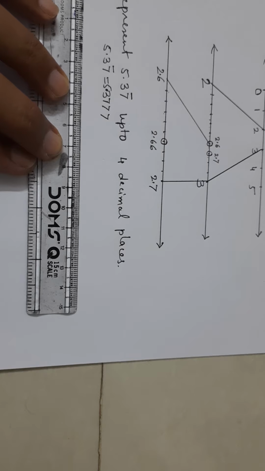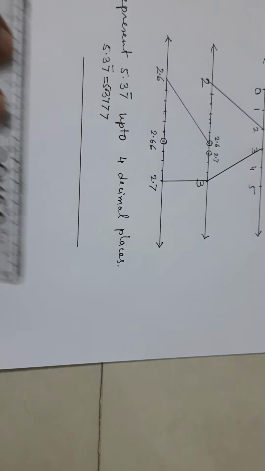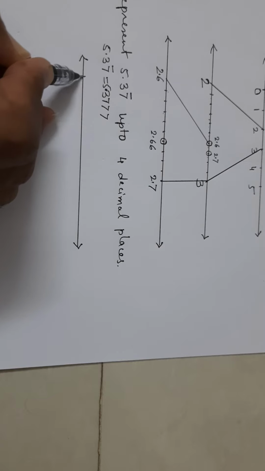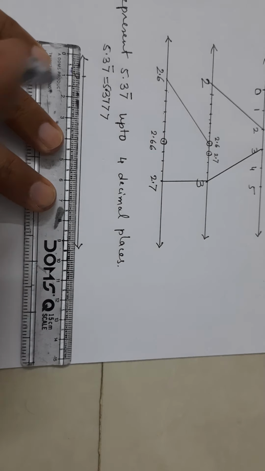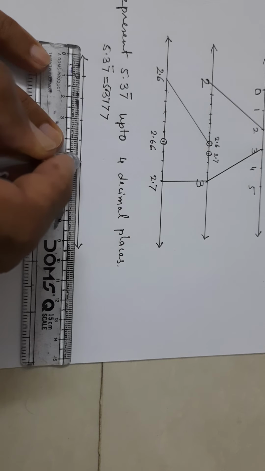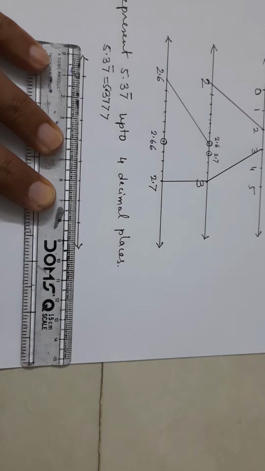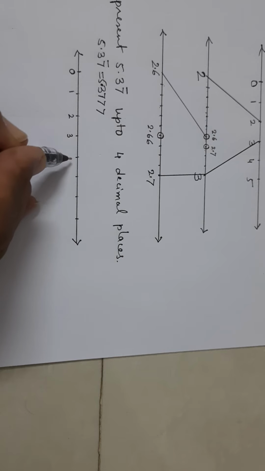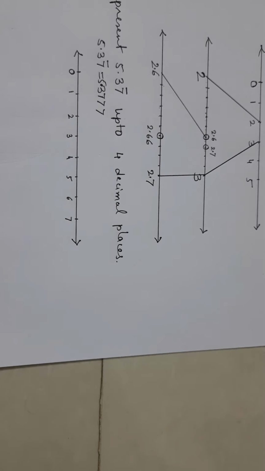5.37 lies between 5 and 6. So on the number line I will first show numbers 5 and 6. Here I am writing 0. 1, 2, 3, 4, 5, 6 and 7.